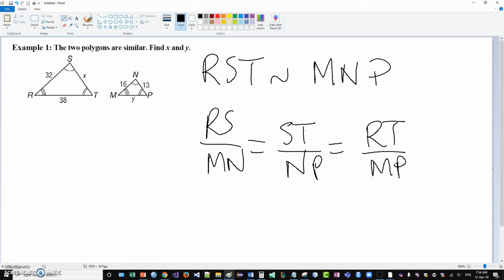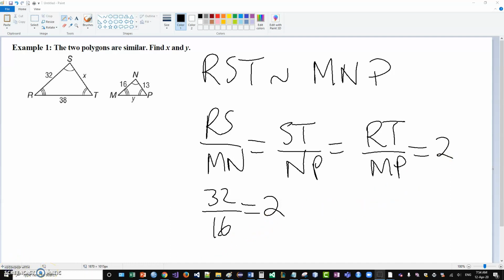Now we're given that RS is 32 over MN is 16, which is 2. So all of these should be equal to 2.